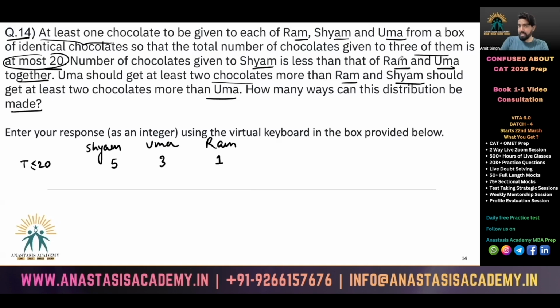But it is also given that the number of chocolates with Shyam has to be less than the number of chocolates with Ram and Uma together. Ram and Uma together have 4 chocolates, but Shyam has 5. So this is not valid.